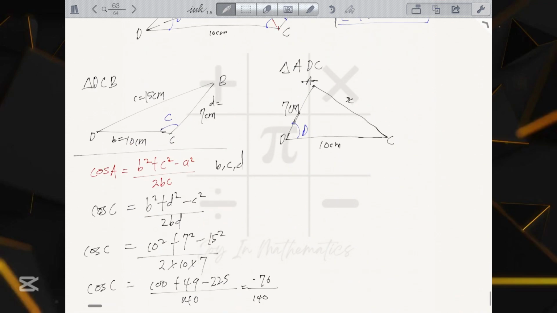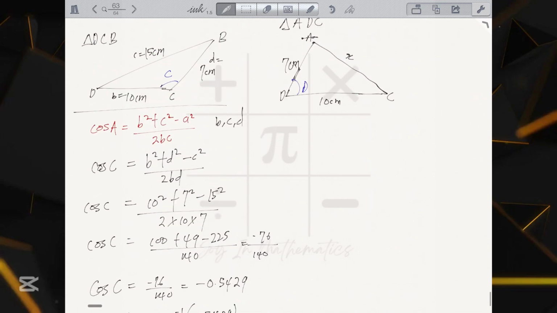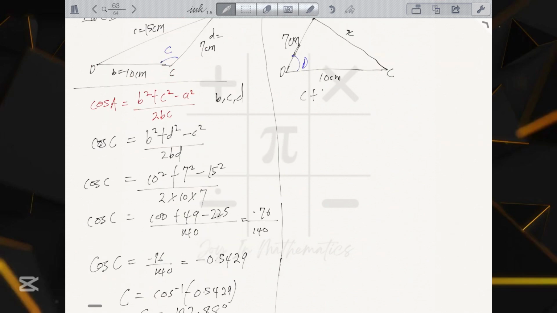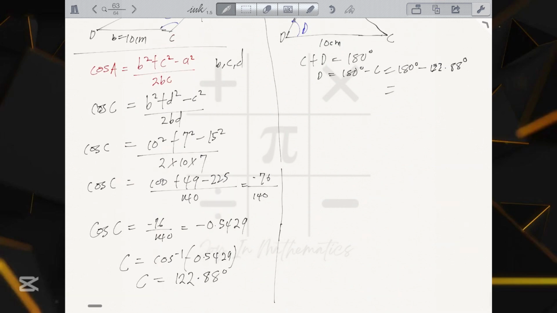So we can now evaluate angle D. Definitely D is equal to 180 degrees minus C, which is 180 degrees minus 122.88 degrees. And using our calculator for this, we will have the value of D to be equal to 57.12 degrees.